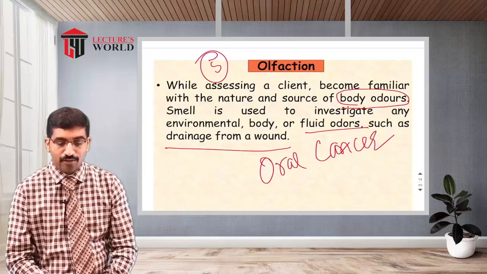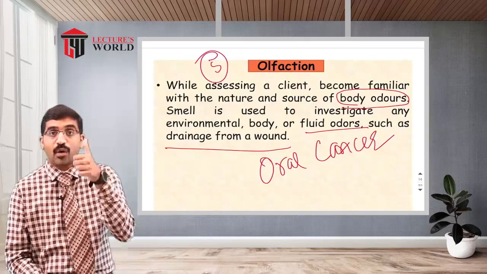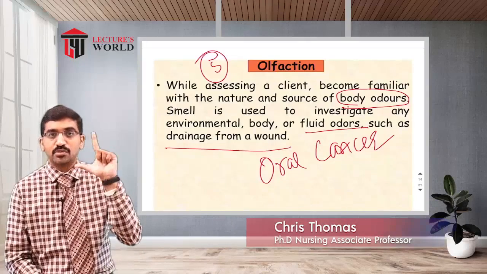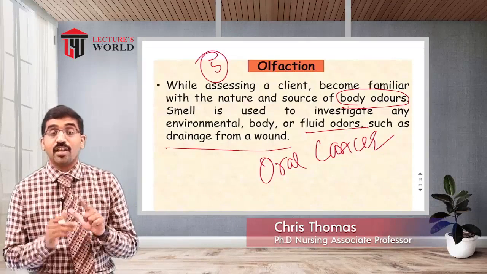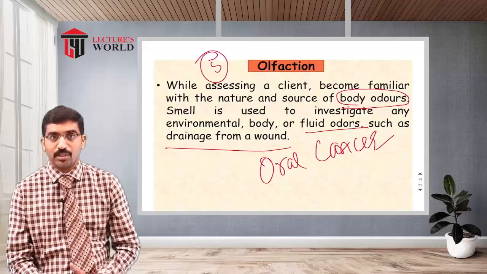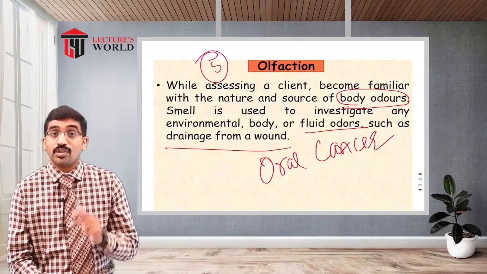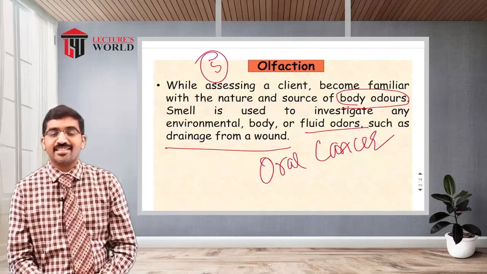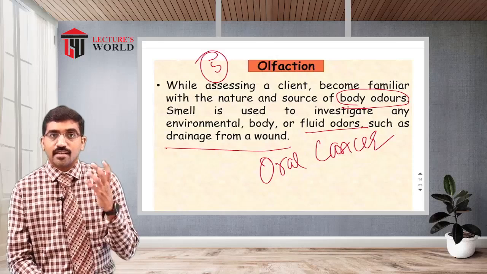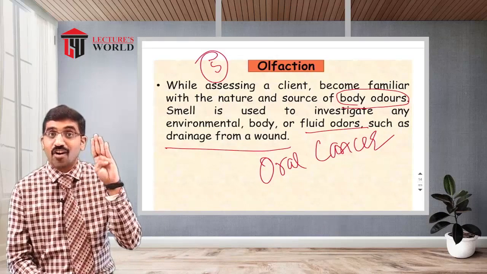So that is olfaction. Totally we have seen 5 assessments. Number 1 is inspection. Number 2 is palpation, where we touch the patient and go for deep and light palpation. Number 3 is percussion. We tap with the fingers and listen to the sounds of particular body parts. Number 4 is auscultation.